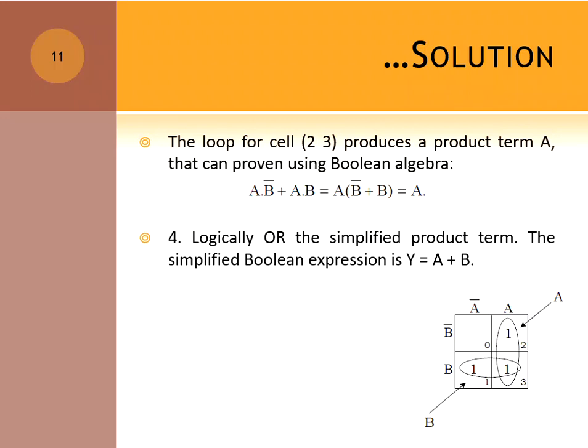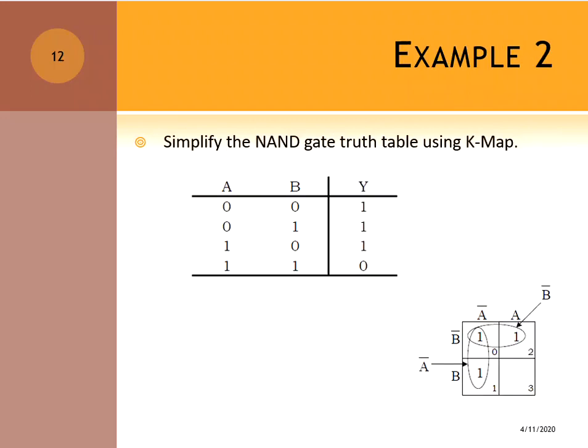Next, let's try another example. Simplify the NAND gate truth table using K-map. So here we have A bar, A, B bar, B. So A bar, B bar, 0, 0, output 1, so you plot 1.